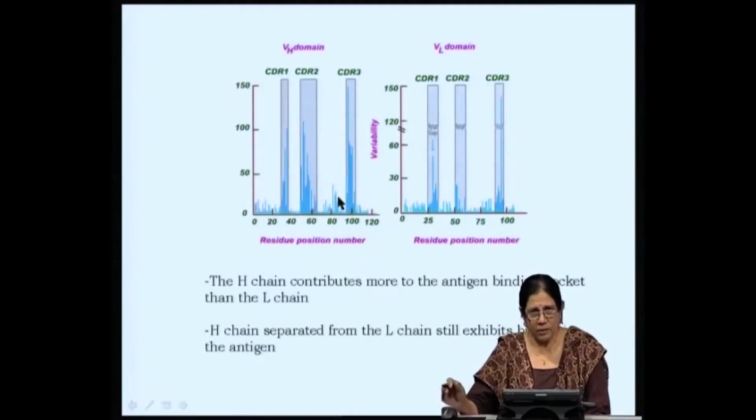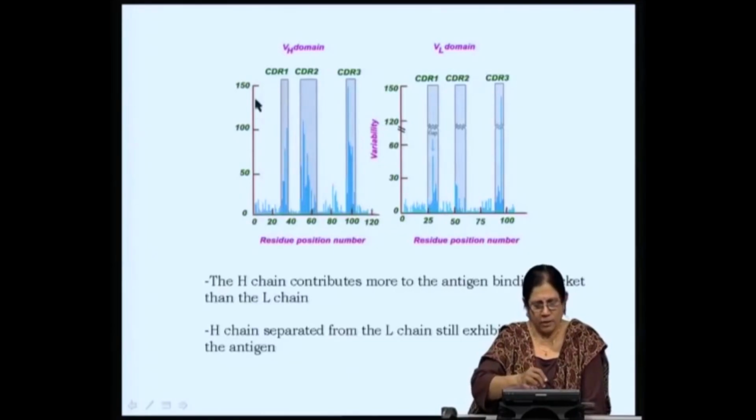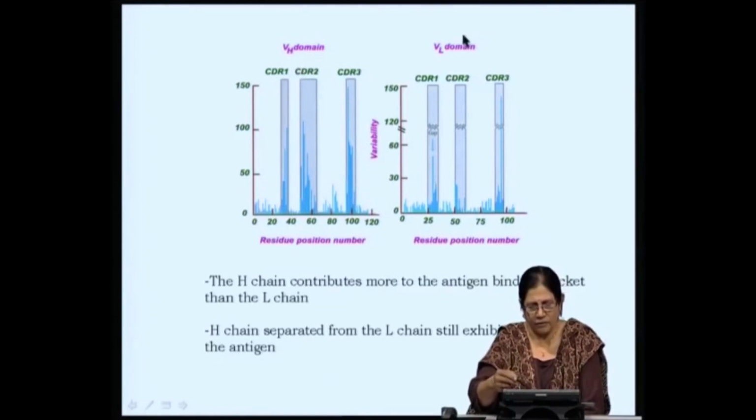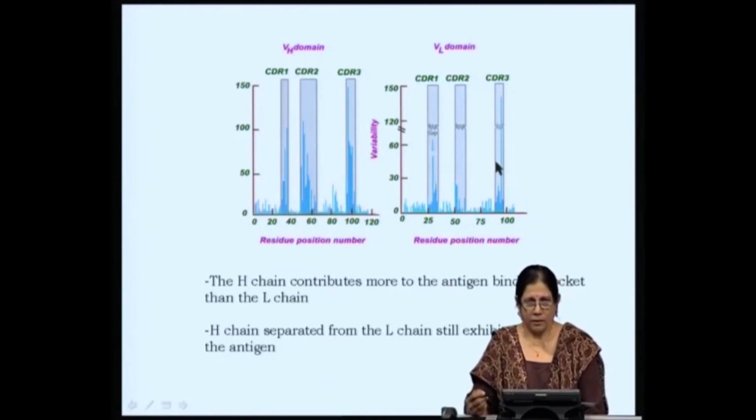Now, once the sequences came to be known, people took a closer look at the variable domains. There are now 2 graphs here before me. One shows the variable domain of the heavy chain and the other the variable domain of the light chain.